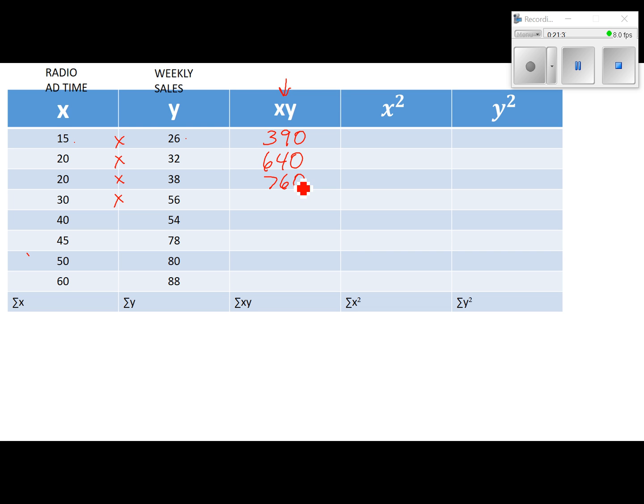I've already punched all these into my calculator, so I'm just going to write them down. The next ones are 1680, 2160, 3510, 4,000, and the last one is 5,280. That's just taking your x times your y to get that column.